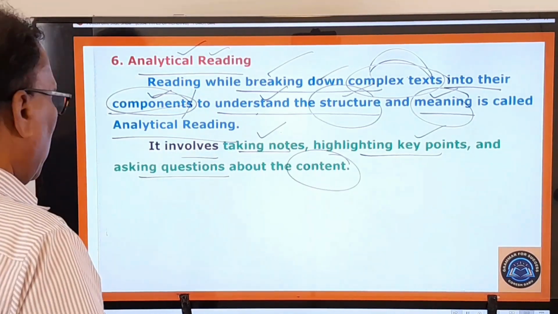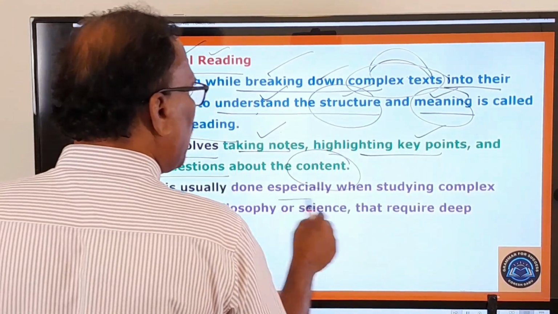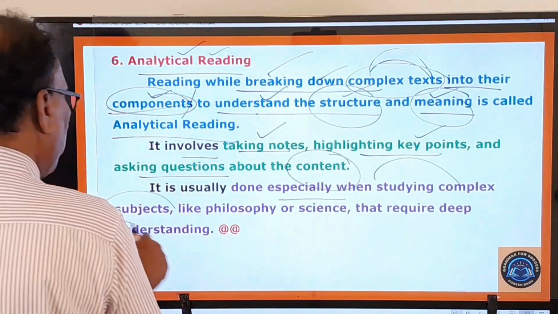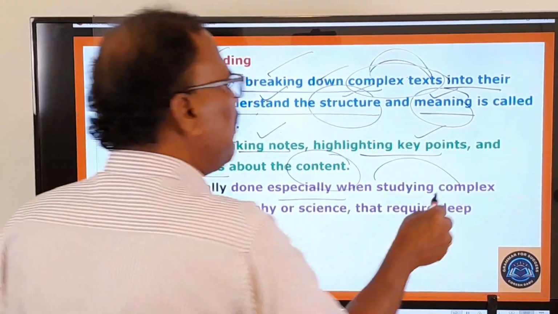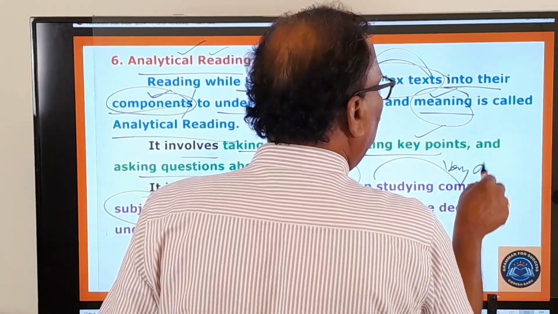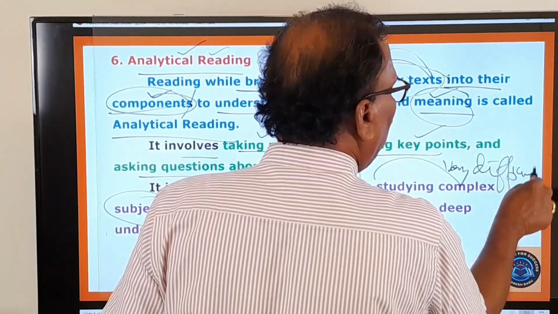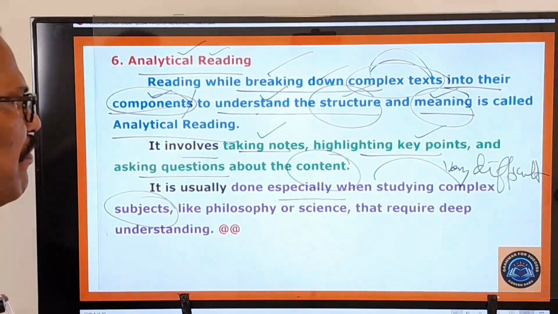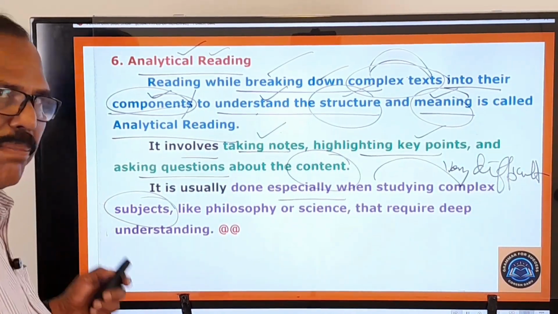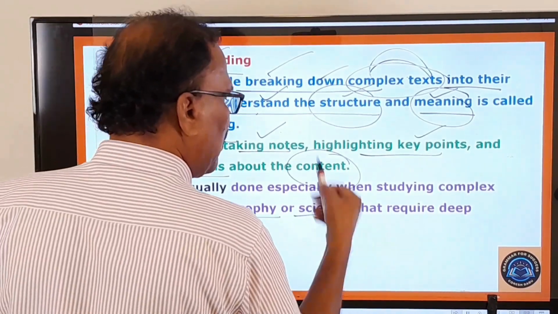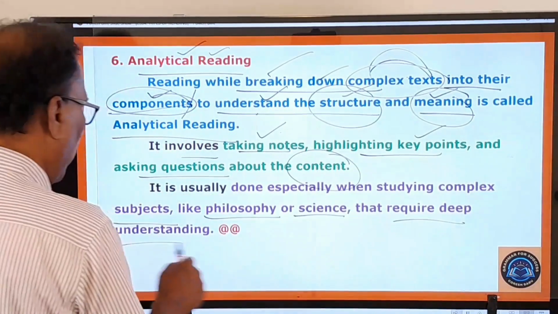And one more important thing about this is it is usually done especially when studying complex subjects. Complex again means very difficult, okay, very difficult, right? You know that very well. So only in the case of very difficult subjects like philosophy, science, literature that require deep understanding.